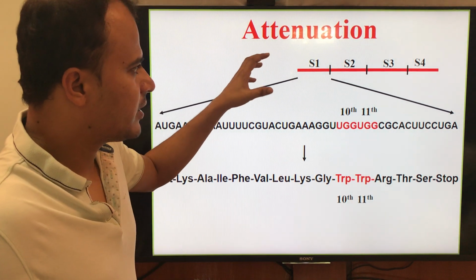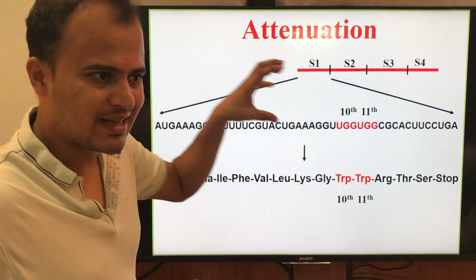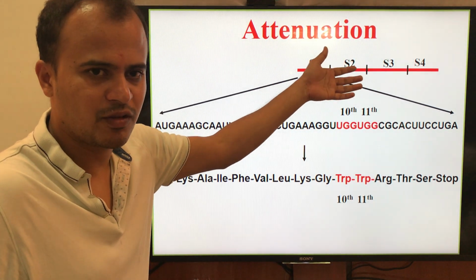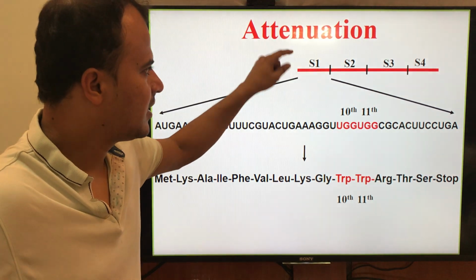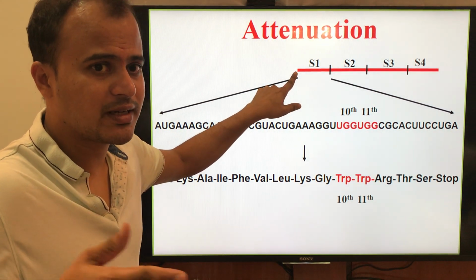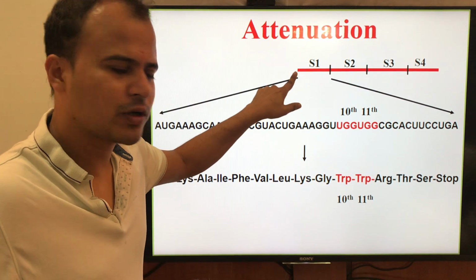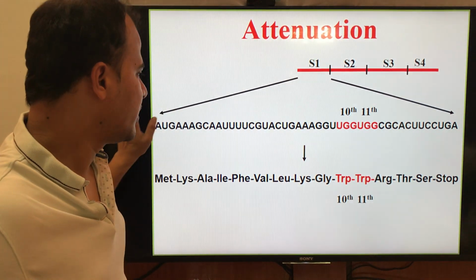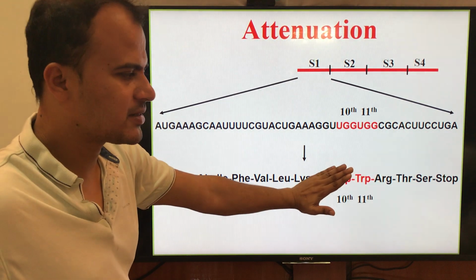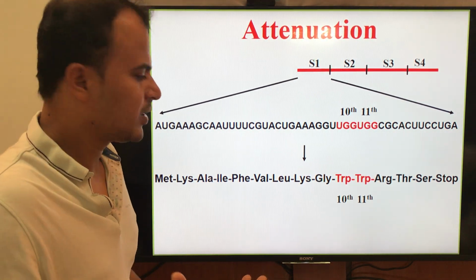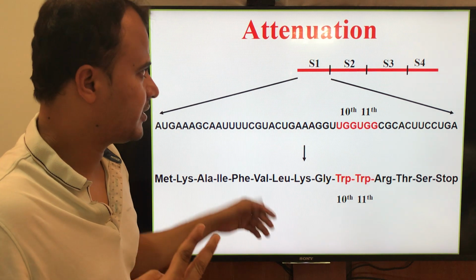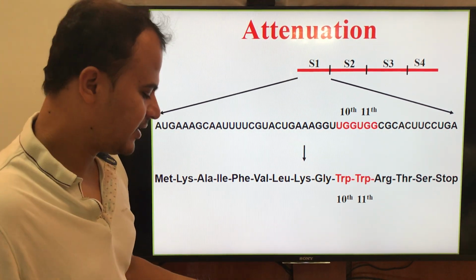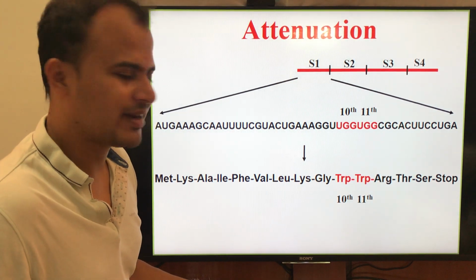When the RNA polymerase transcribes the leader sequence, it produces the RNA with 162 nucleotides, and those 162 nucleotides are divided into 4 segments. When the first segment is translated by the ribosome, it produces the 14 amino acid peptide with 2 tryptophan in it. By understanding this mechanism, let's see how the tryptophan operon is regulated.